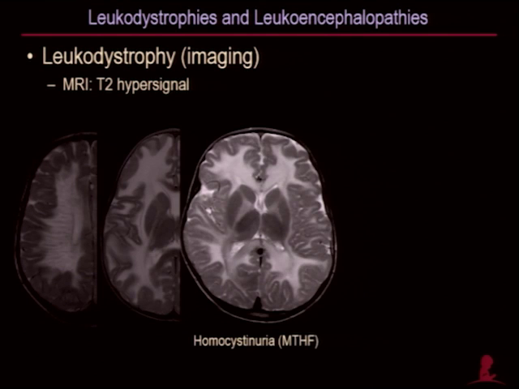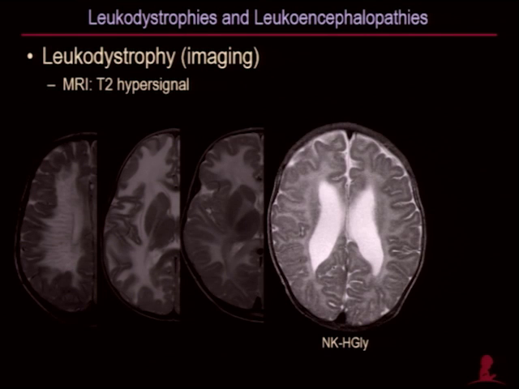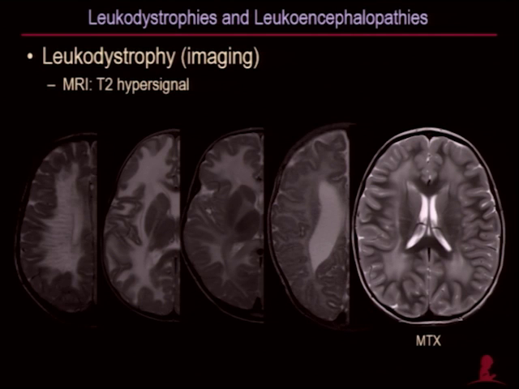This is a leukodystrophy, but it's homocystinuria, and this is again a leukodystrophy-like appearance, extensive white matter changes in a 13-month-old child. But this is yet another condition, which is non-ketotic hyperglycinemia, and this is a therapy-induced white matter disease, and I think this is what we should call leukoencephalopathy.